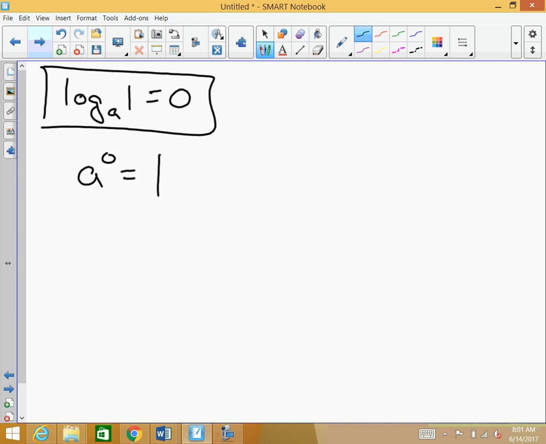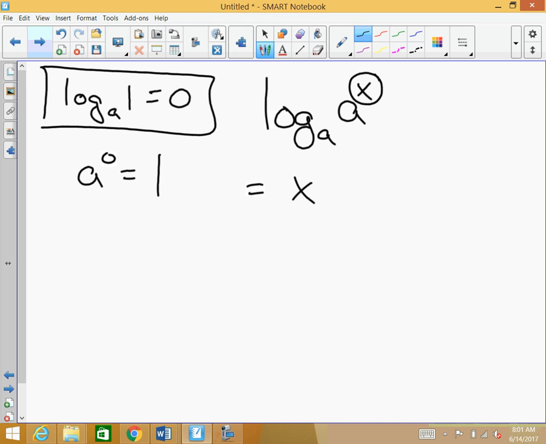Second of all, if I have log base a of a to the x, so now I have my base and my answer both the same, but it's also raised to the exponent x, well, this will just be equal to x. So it's only equal to this exponent.